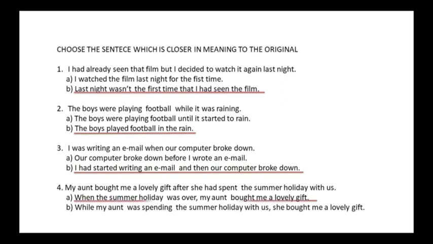That's right. When the summer holiday was over, my aunt bought me a lovely gift. How do we know that? We have the past perfect. She had spent the summer holiday, and that means that it is the action in the further past before the past simple action, before she bought me a lovely gift.